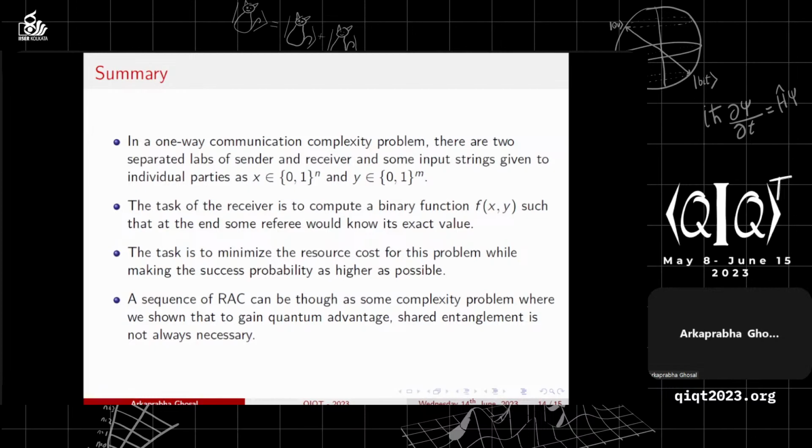But of course, if the state is separable, that is not sufficient. The necessary condition is that the separable state has to satisfy some property that I have discussed. So this was our work. Okay, thank you.